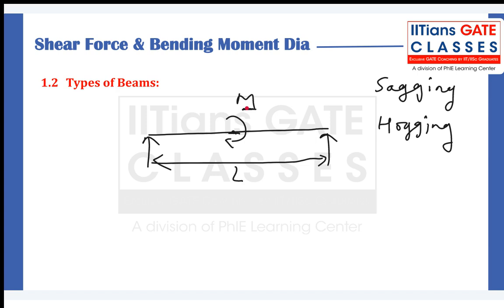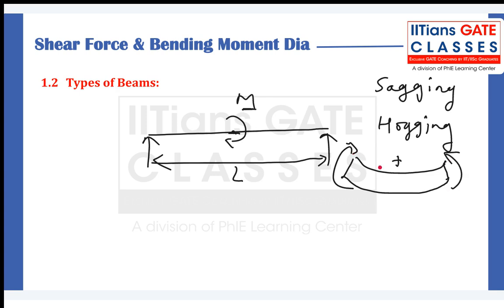Suppose a beam is bending like this. Then this kind of bending is known as sagging: on top we have compression and at the bottom it is tension. This is not a cross section, guys.